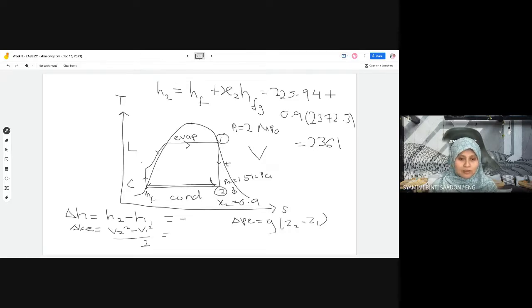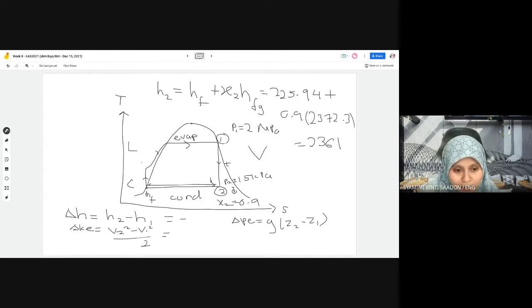But if you want to, you can sum up all of the energy so that the answer will be more accurate. Okay, so that is number one. You just do the calculation.